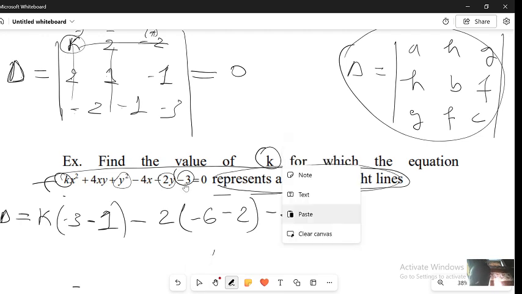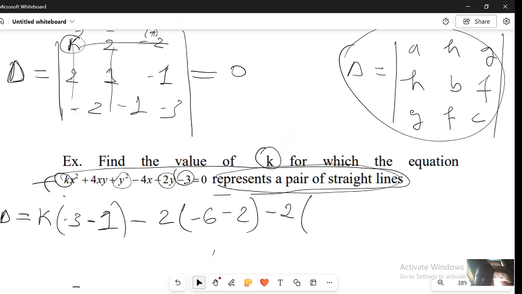Now, if I close this row and this column and this row, I will remain with this one. 2 multiplied by minus 1 is minus 2, and 1 multiplied by minus 2 is minus 2, plus 2 is minus 2. And the minus becomes plus 2, equal 0. Now, this minus 2 plus 2 becomes 0.